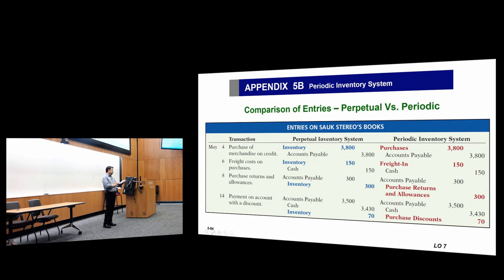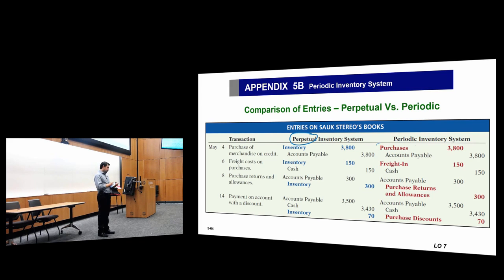Okay? Now, this slide shows you the differences between the two systems. Under the perpetual system, when we purchased merchandise, we debited inventory and credited accounts payable. This is the summary of the two systems.